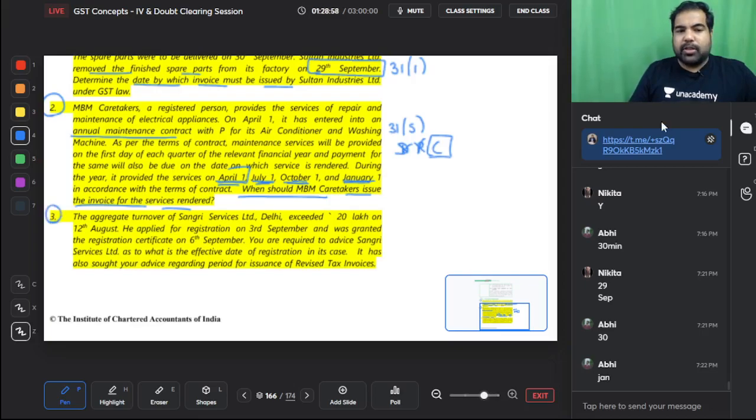Next, question number 3, revised invoices guys, 31(3)(a). Please read and tell me. It has sought your advice regarding period of issuance. By when should the revised invoices be issued?